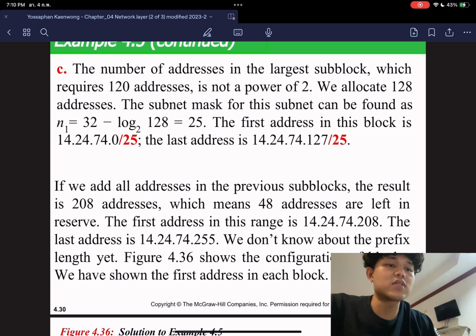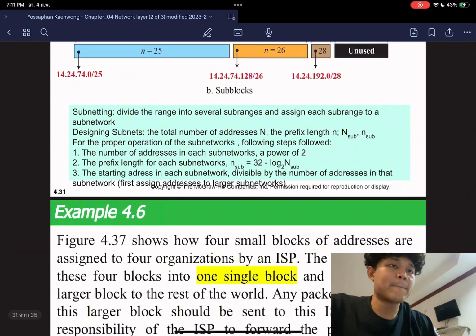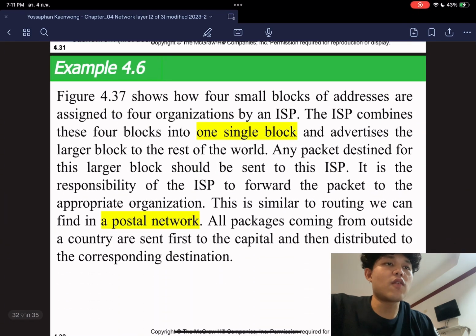We have shown the first address in each block in this picture. And example 4.6, in figure 4.37, shows how 4 small blocks of addresses are assigned to 4 organizations by an ISP.